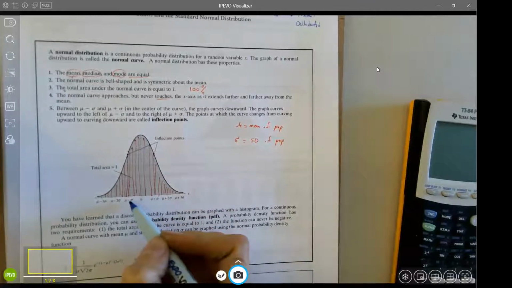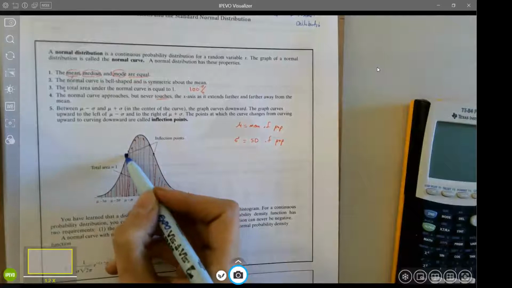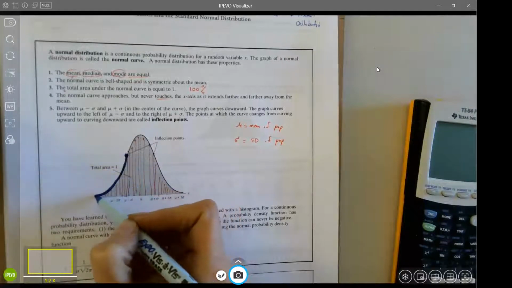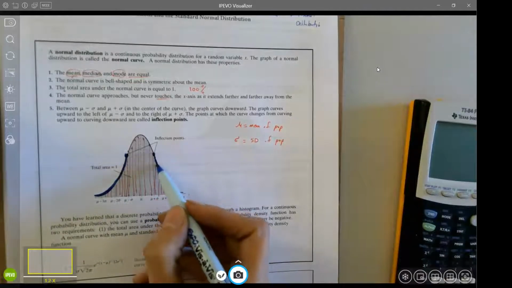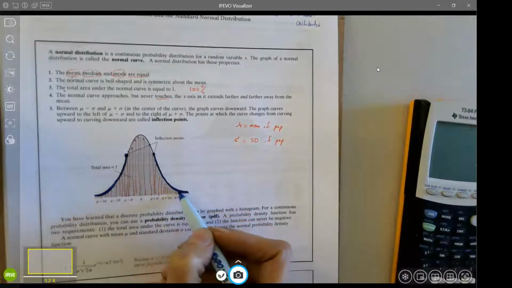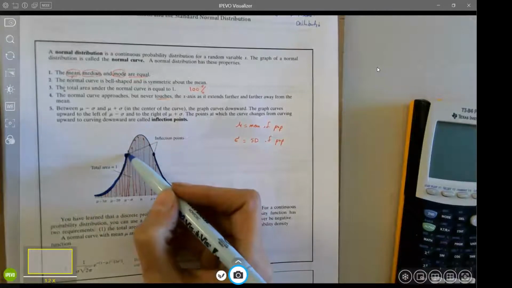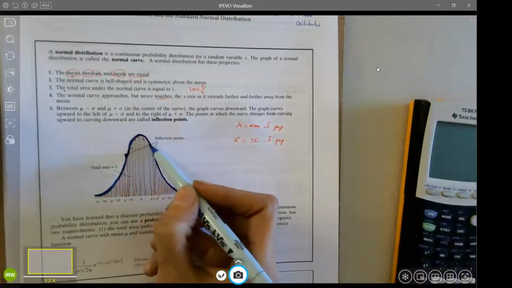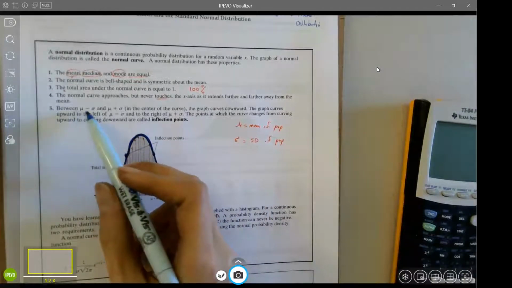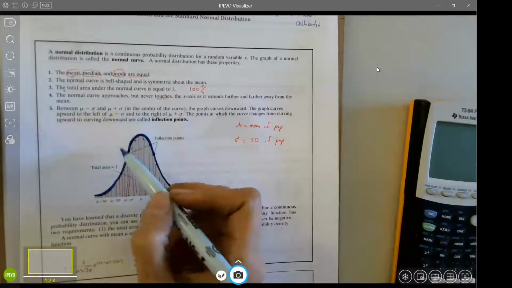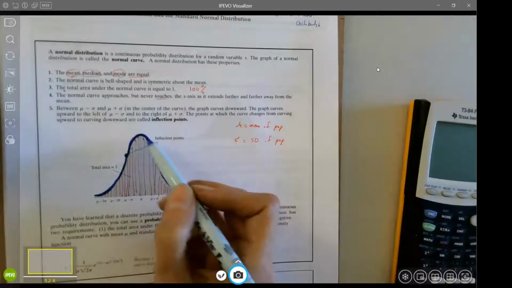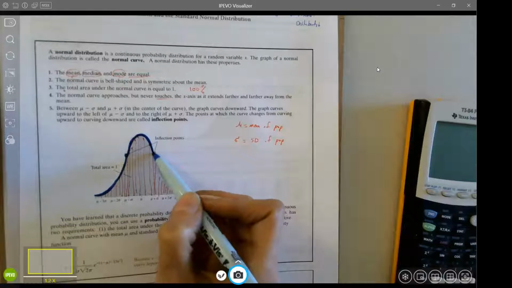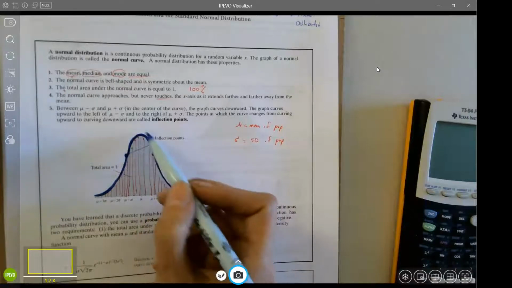Mu minus sigma, mu plus sigma, and here we have in between mu minus sigma and mu plus sigma. So between mu minus sigma and mu plus sigma, the curve has downward behavior.